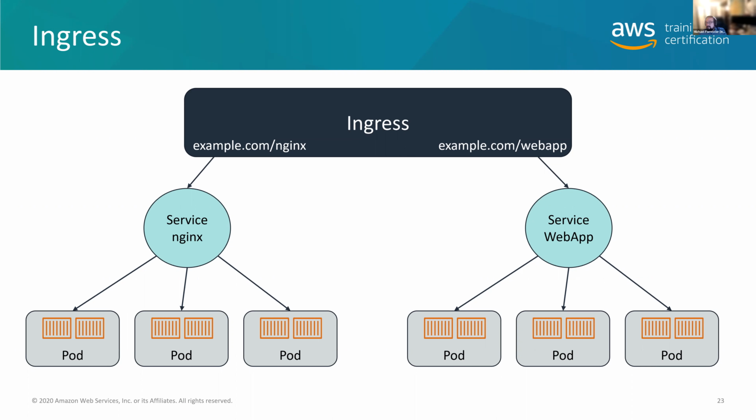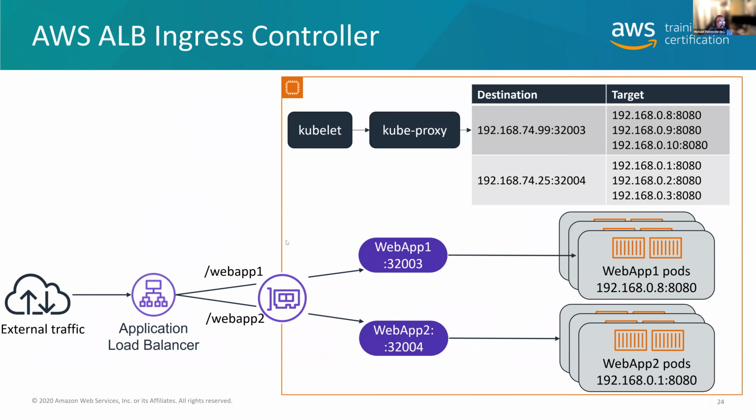Notice that service is most likely going to be a load balancer, sometimes a node port. It just depends on how you want it set up. Here, just to show what this looks like, we've got an application load balancer routing straight into a node port, and then it in turn is running into the pods in question. Now, I know that sounds weird, but cluster IP is still actually in play here.